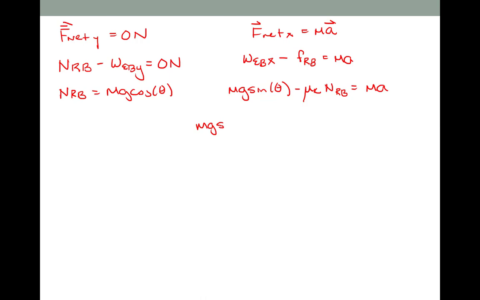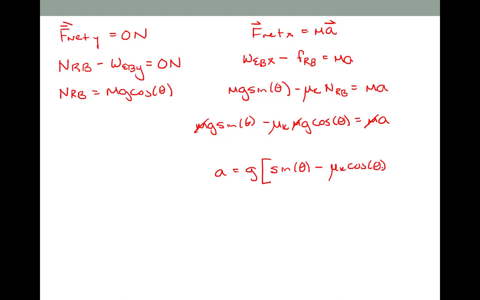Using the value for the normal force that I found from the vertical direction, I see that I can cancel mass because it is in every term, and factoring out the acceleration due to gravity leaves me that the acceleration down the incline is g sine theta minus mu k cosine theta, consistent with the problem statement.